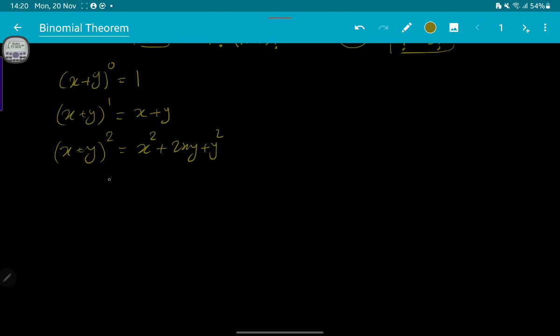And so on. We can get an expansion of the next powers, but I need you to know that if we have power 0, this will give us one term. If we have power 1, this will give us 2 terms. Power 2 will give us 3 terms. So if we have a plus b power 6, this means we will have 7 terms.